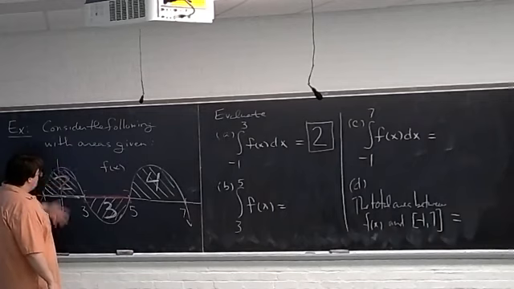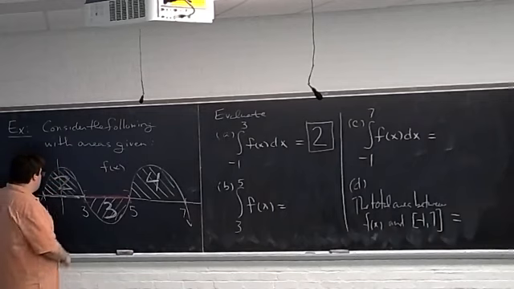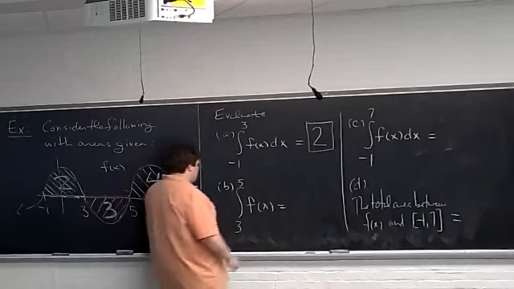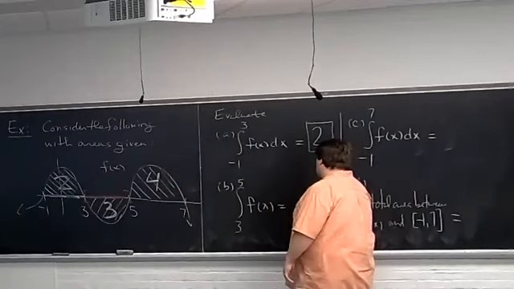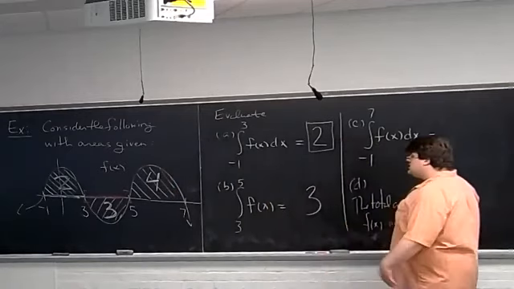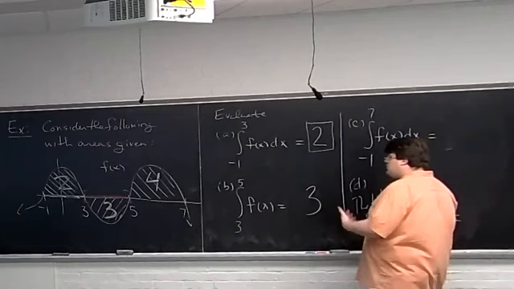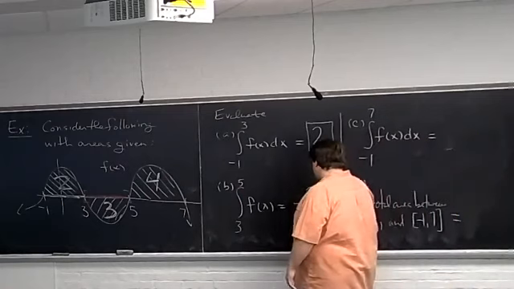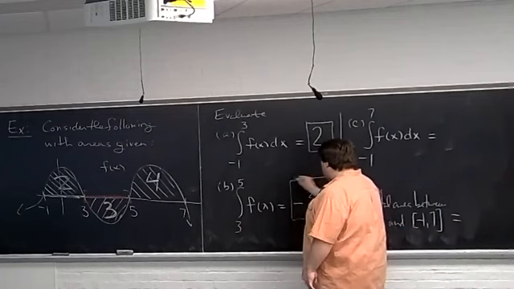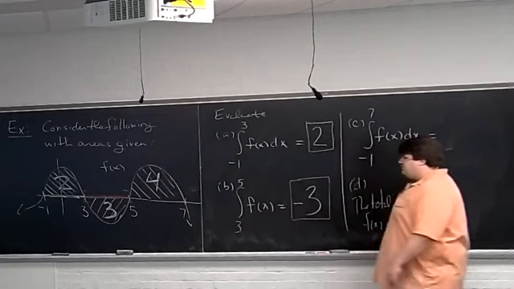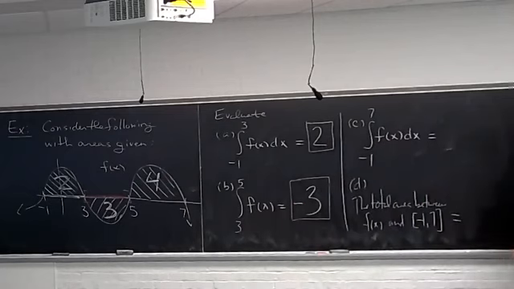There's this piece with area 3, and it is below the x-axis. So this integral is not 3 because it's below the x-axis. The definite integral treats areas below the x-axis as negatives, making that a -3. Any questions about part B?